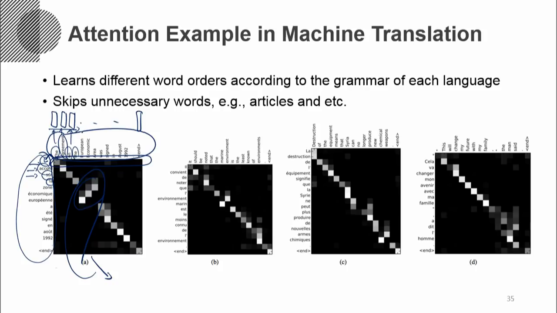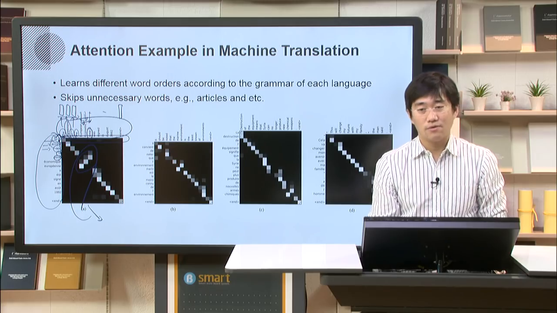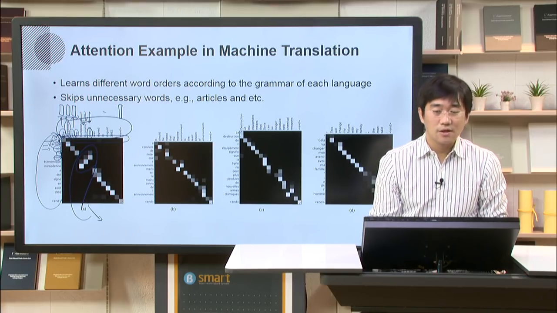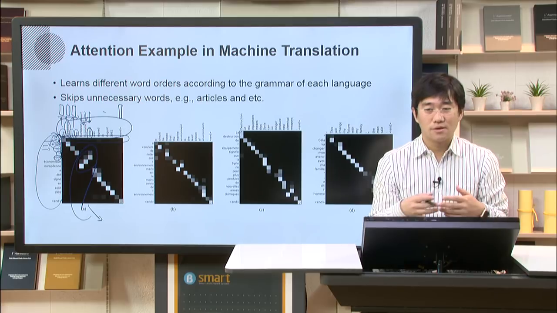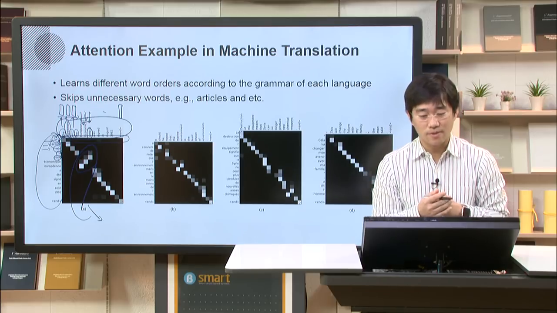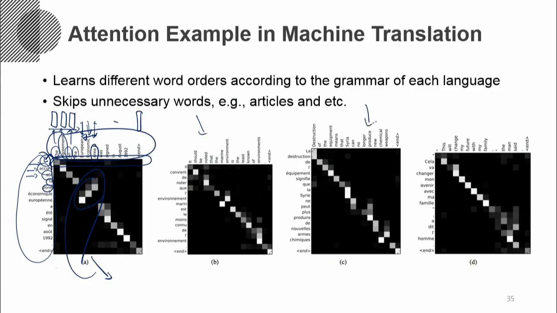Instead of looking at this one first and then the next and then the next, we looked at this word first to generate this word, and then we followed the reverse order in order to properly generate the target sentences in different languages. That way, we can see that this attention-based sequence-to-sequence model for machine translation was able to properly learn the correct sequence or order for the different languages' grammars. So these are different examples.